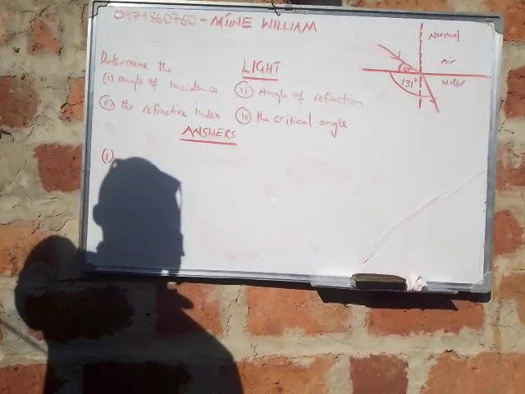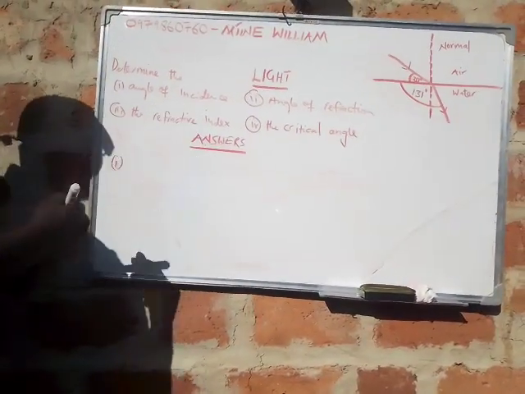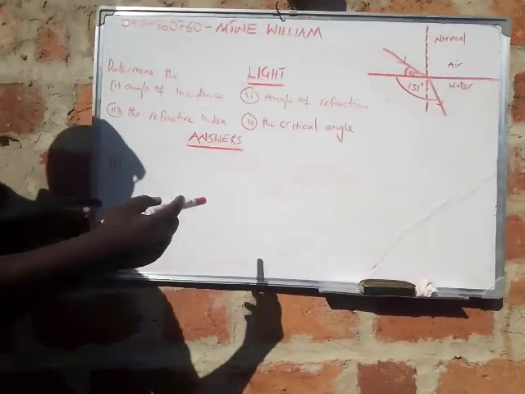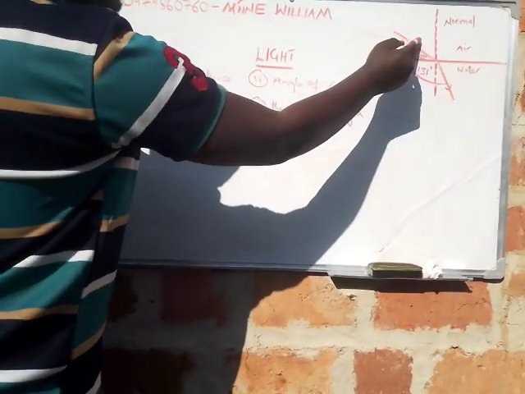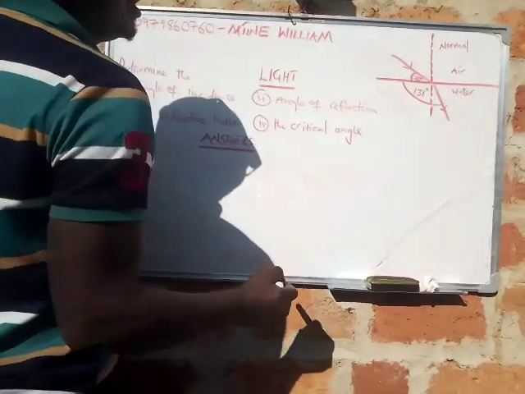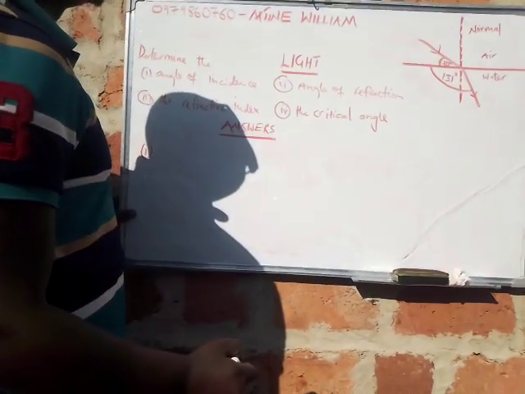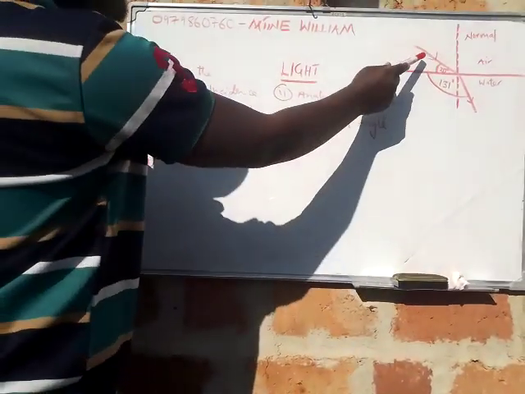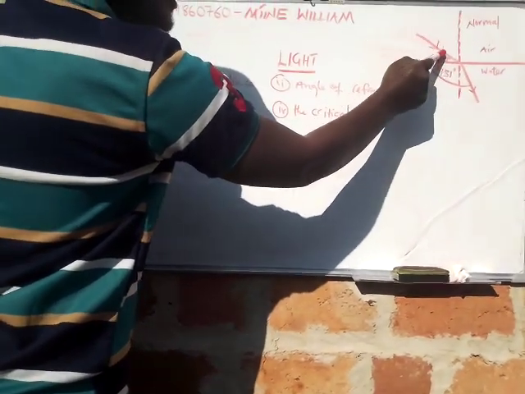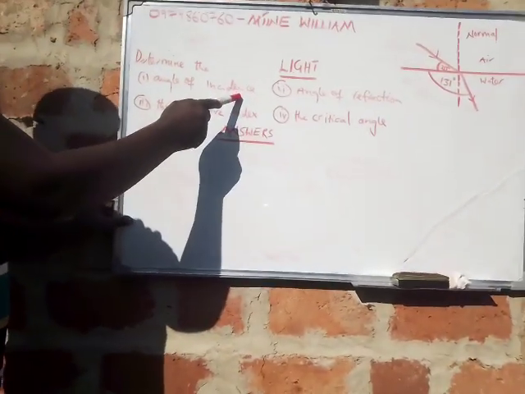To find the angle of incidence, we need to know that this angle is 90 degrees, and equally, this angle is also 90 degrees. Remember, the incidence ray and the normal make up the angle of incidence.